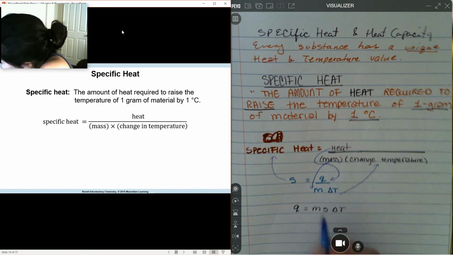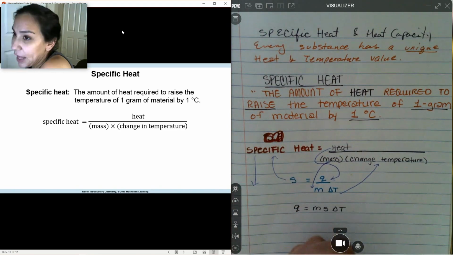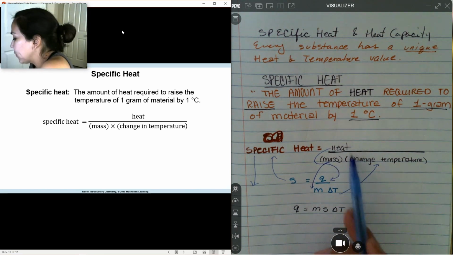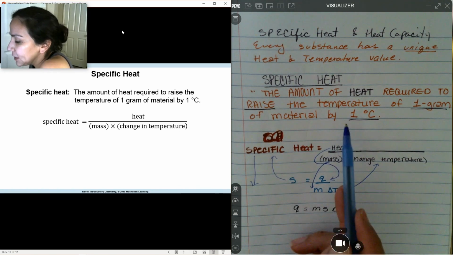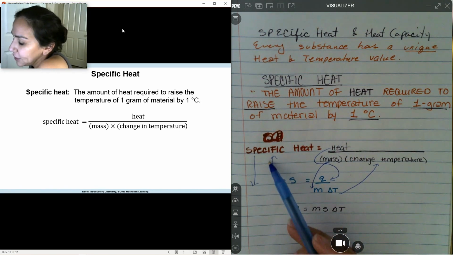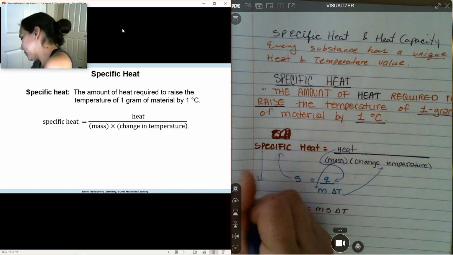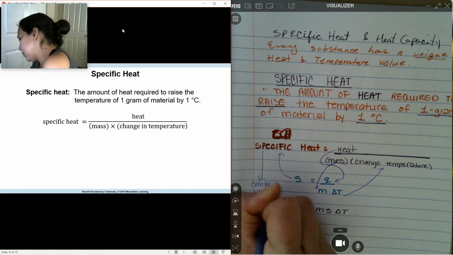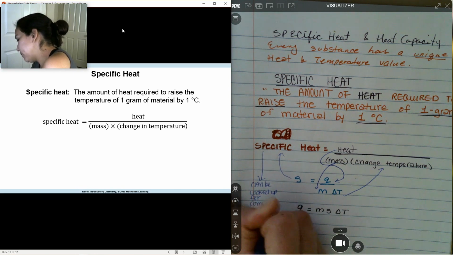The specific heat value is going to be usually a known value or a given value. Sometimes though they'll have to give you all of these in order for you to find this. But if you know what the substance is, you should be able to figure out the specific heat by looking it up. So it can be looked up for common things.